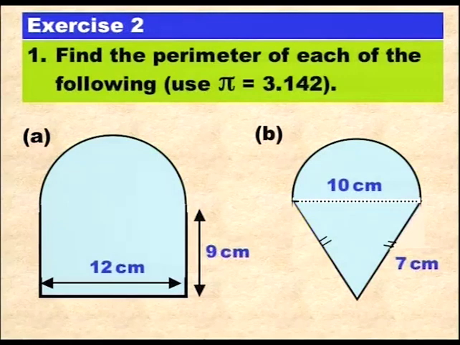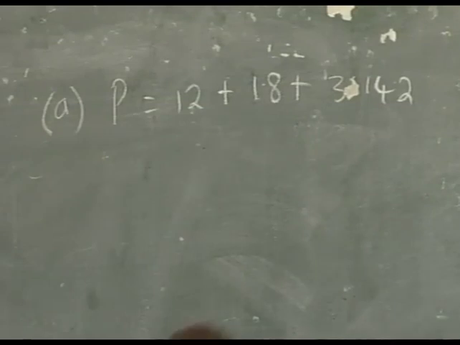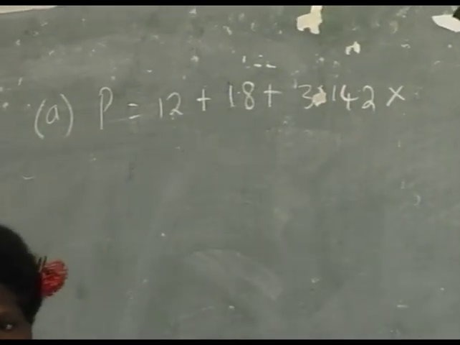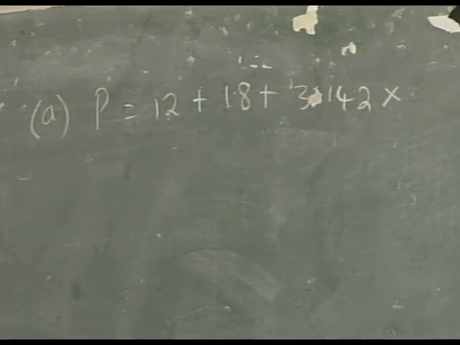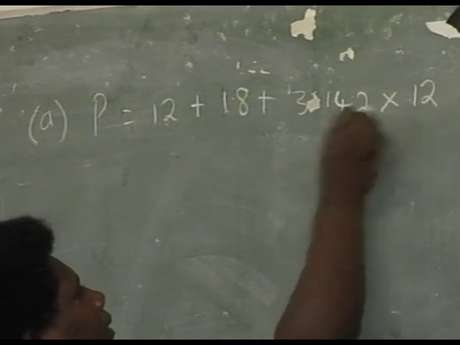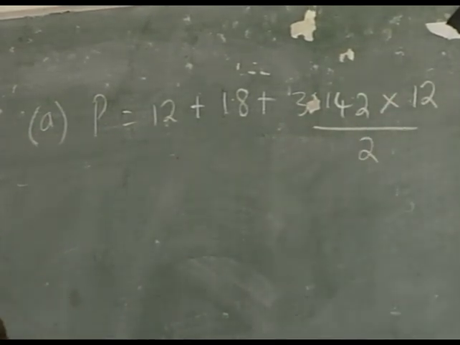It's a semicircle. So it will have to be pi. And you are told to use 3.142 for pi. And it will be pi d. I don't have to use 2 pi r. So pi d, and I have to divide it by 2.